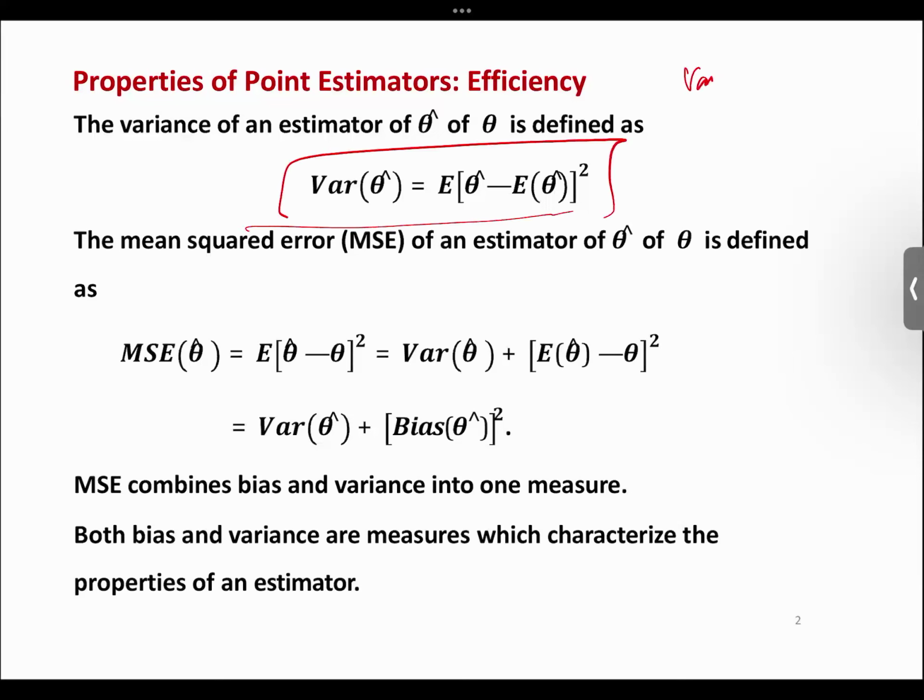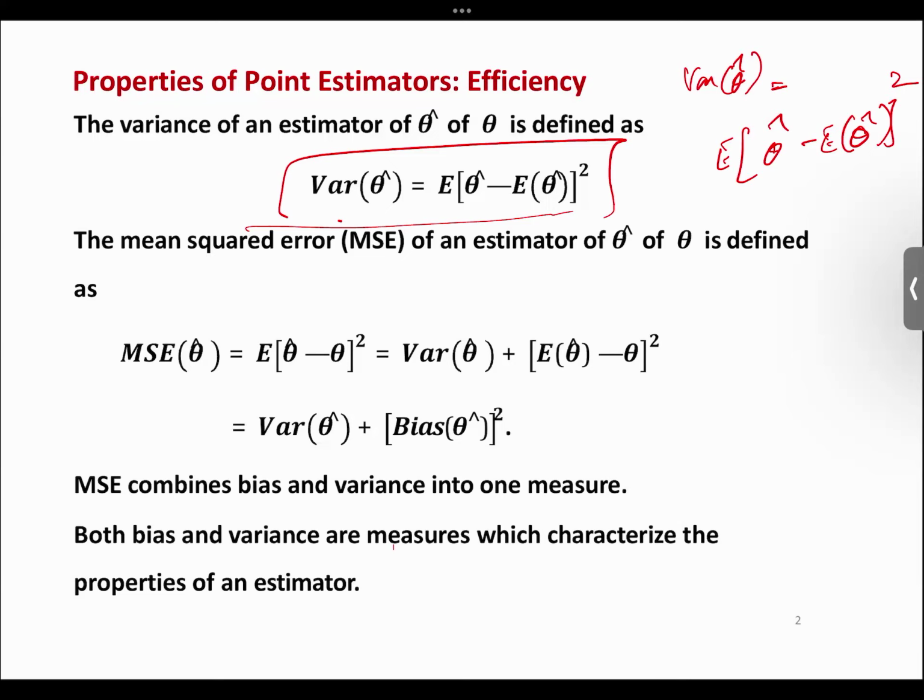So the variance of your estimate theta hat is equal to the expectation of theta hat minus the expectation of theta hat, the whole square. You need to remember this. There's another thing called mean square error.